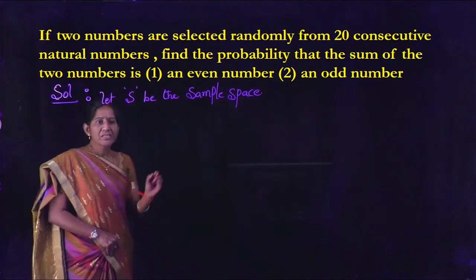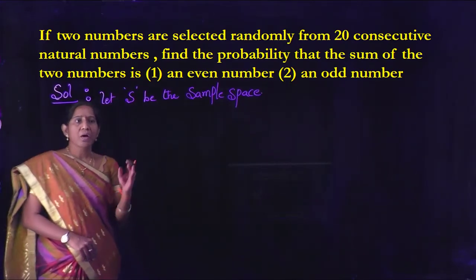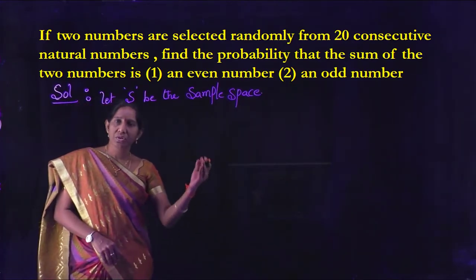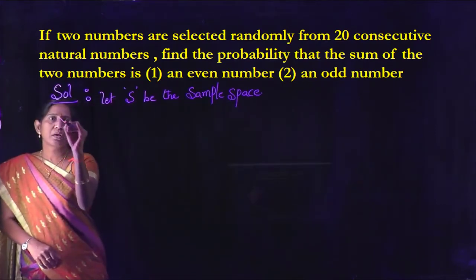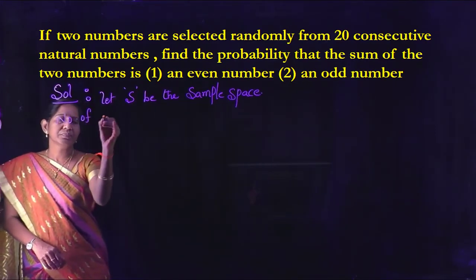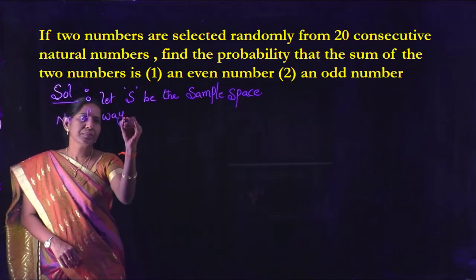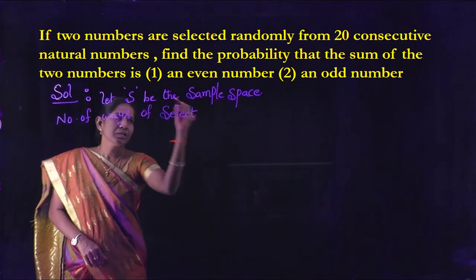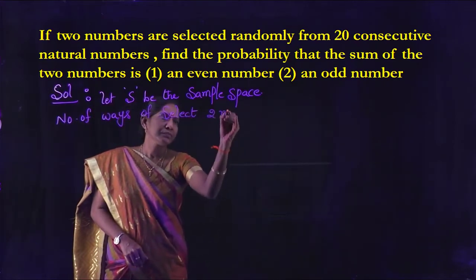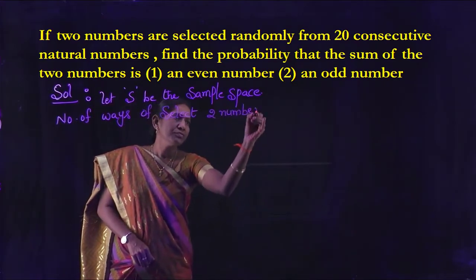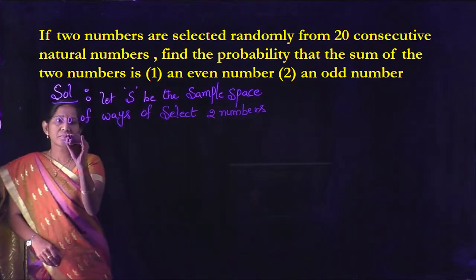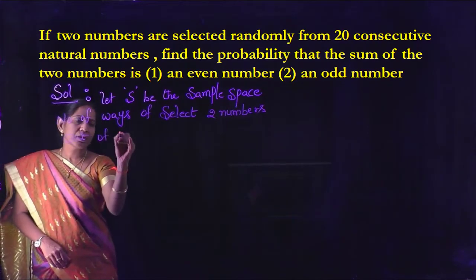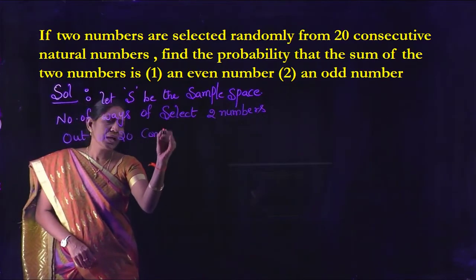Number of ways of selecting two numbers out of 20 consecutive natural numbers.